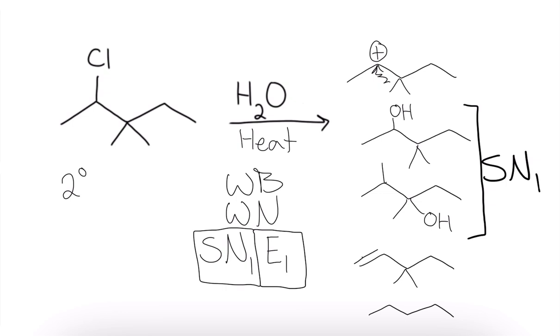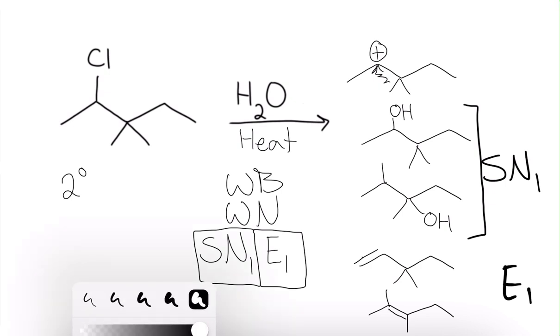Oh, drew that a little bit wrong. Get the methyl group up there, 1 methyl group here, and it would eliminate kind of resembling Zaitsev in a little bit of a manner. And so that would be our E1.